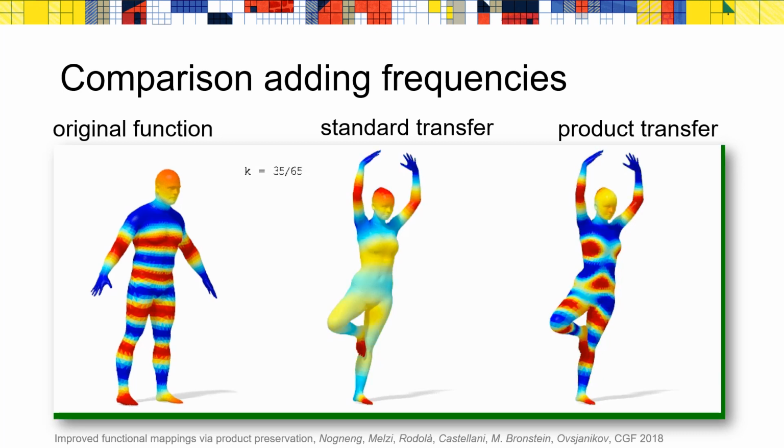As you can see, from the beginning with few eigenfunctions, the transfer is more accurate with the product, and with dimension k equal to 65, we have a quite complete representation of the signal transferred on the second shape, while with this number of Fourier bases, a lot of information contained in the signal is not well transferred to the second shape.